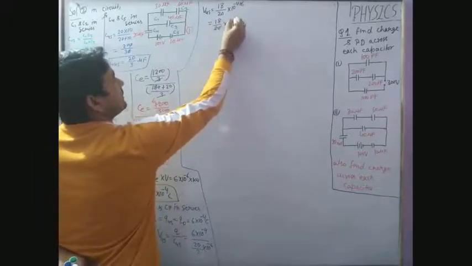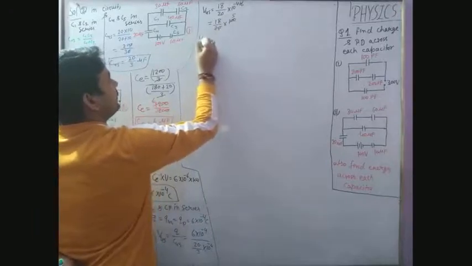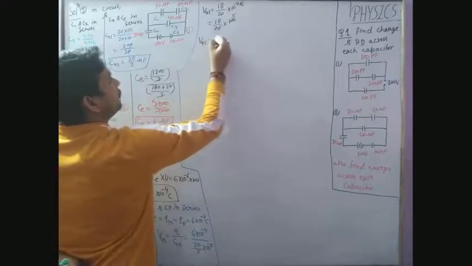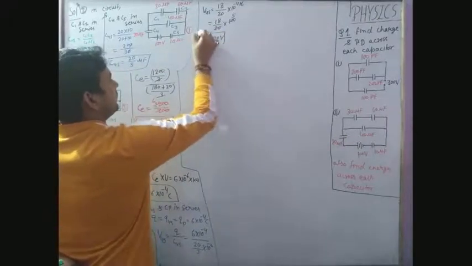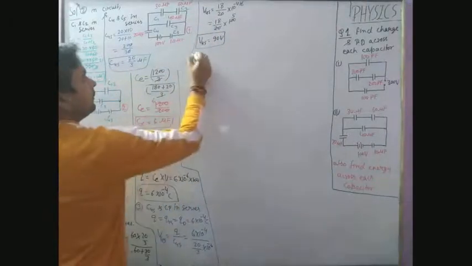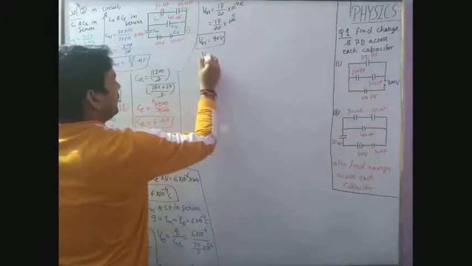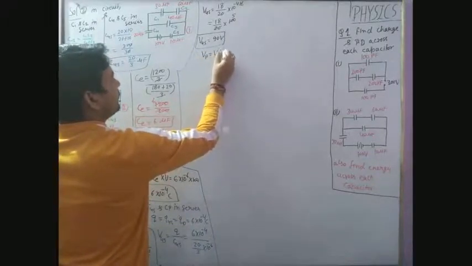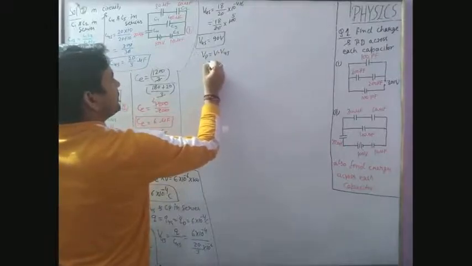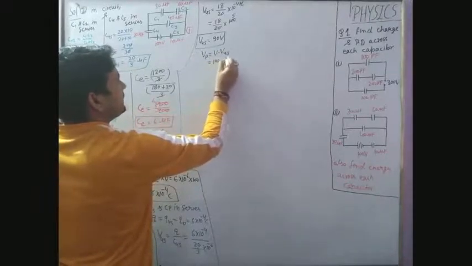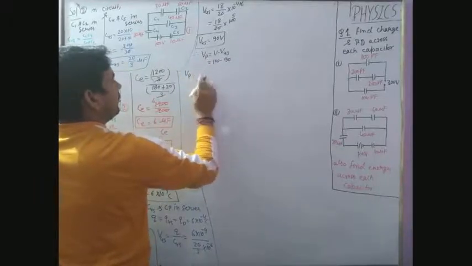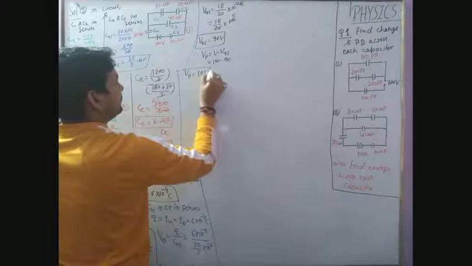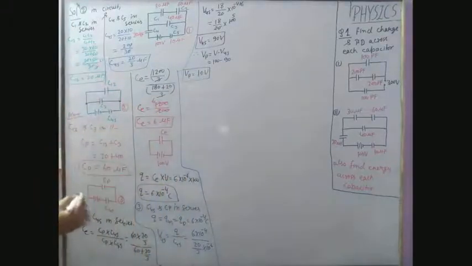When you solve this, this cancel by 5 times, which means V45 is equal to 90 volt, okay. Therefore you will calculate from here Vp is equal to V minus V45, which is equal to 100 minus 90, that is Vp is equal to 10 volt, okay, which means across this the value is 10 volt.